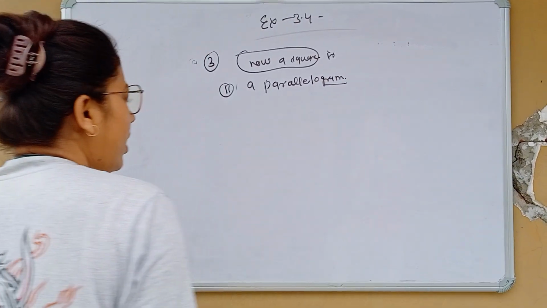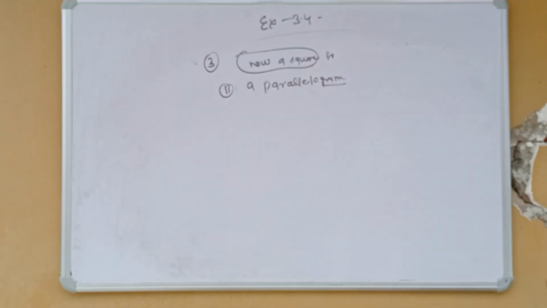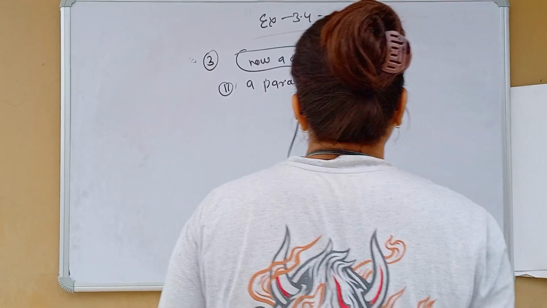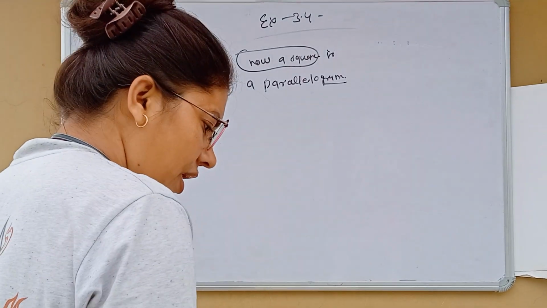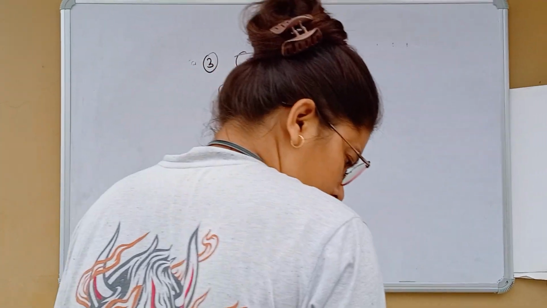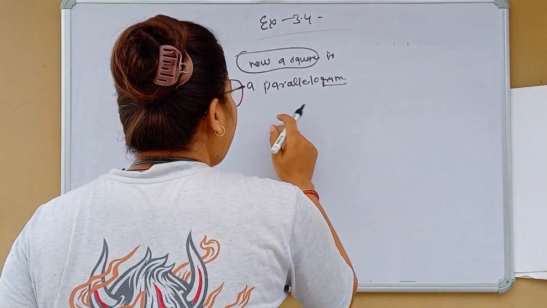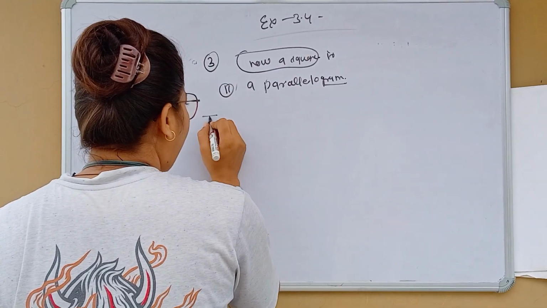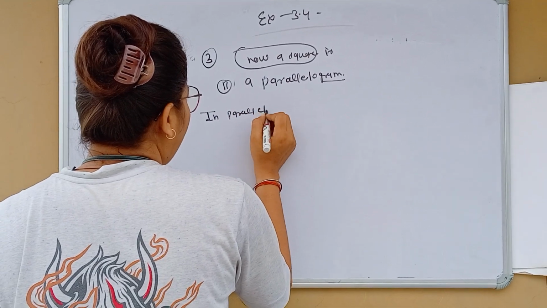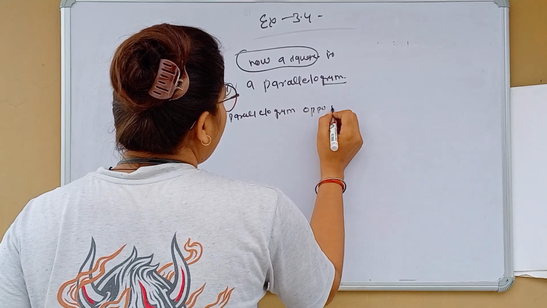In a parallelogram, what do we understand? In a parallelogram, opposite sides are equal.